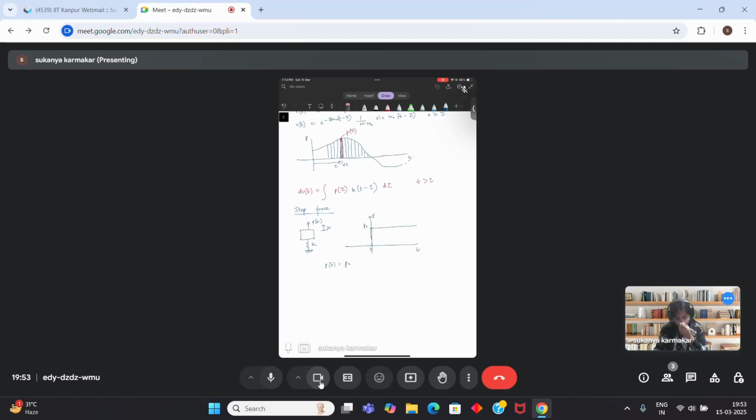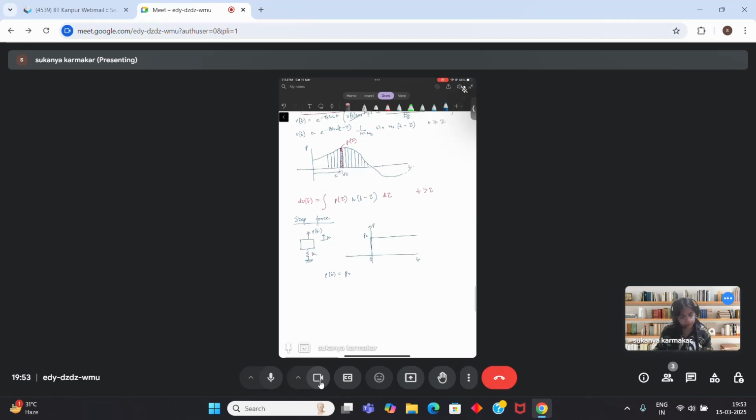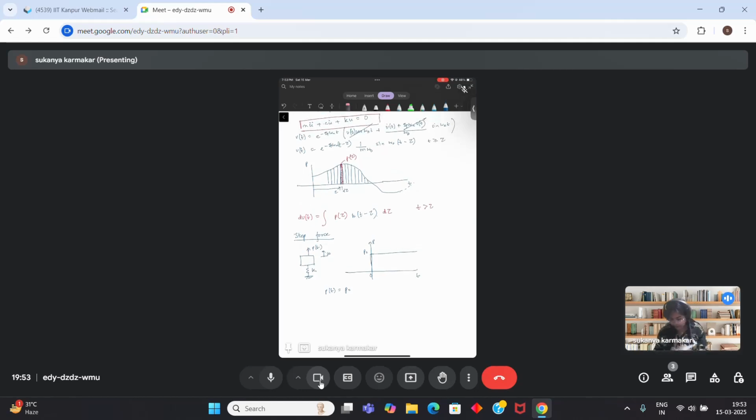Okay. Now, suppose I want to use the Duhamel integral here. How will I use it? I'll have to use this expression.